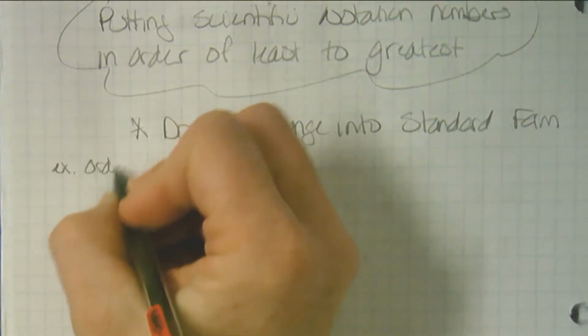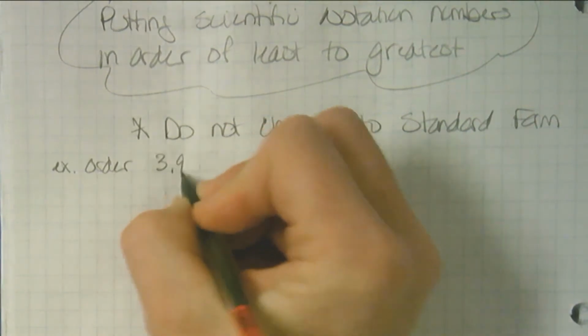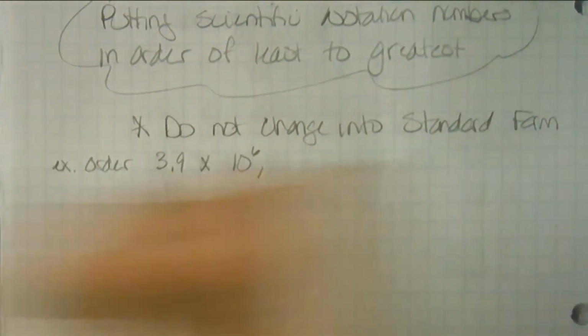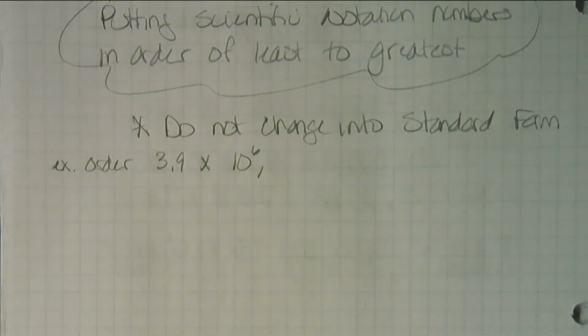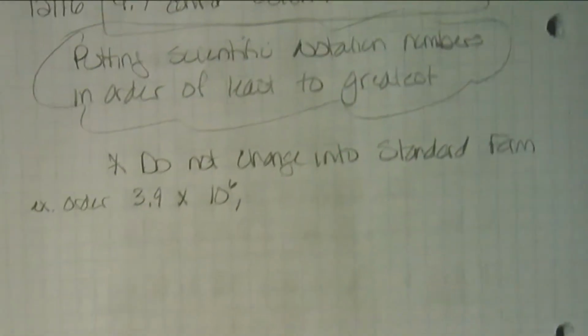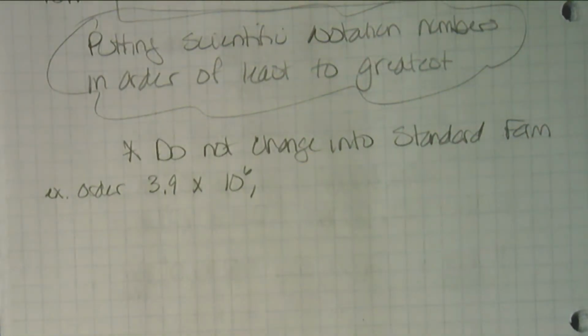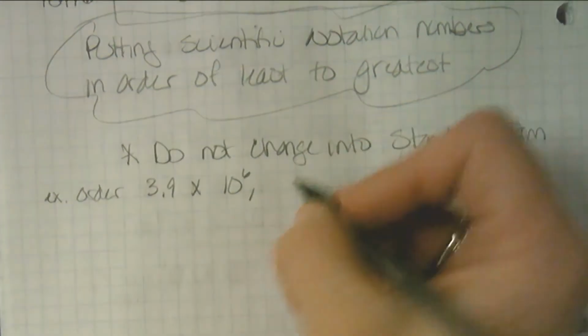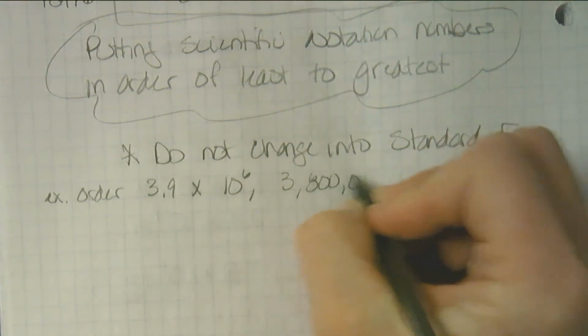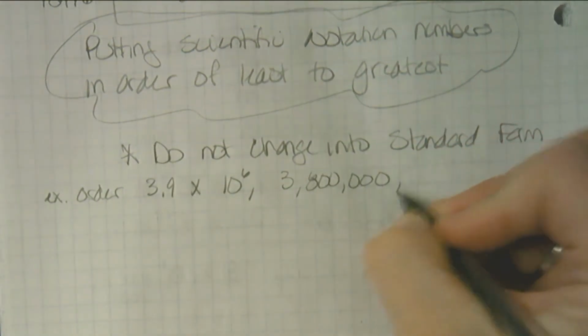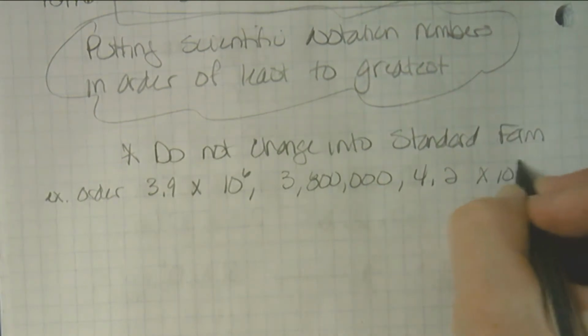I want you to order 3.9 times 10 to the 6th, 3,800,000, and 4.2 times 10 to the 5th.